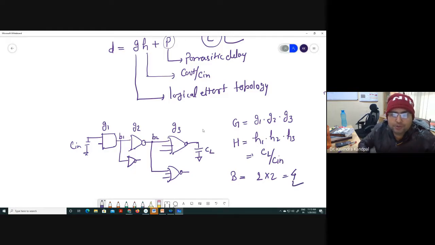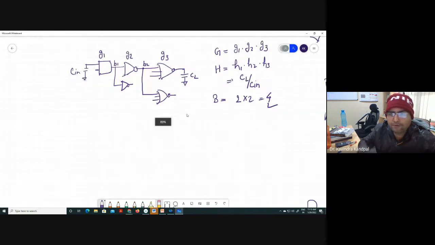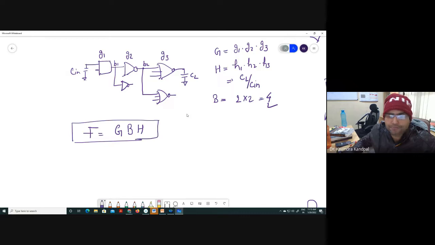In the process, you define one parameter which was also known as path effort. Path effort was how much? F equals G into B into H. Yes or no? This is the path effort. Correct?